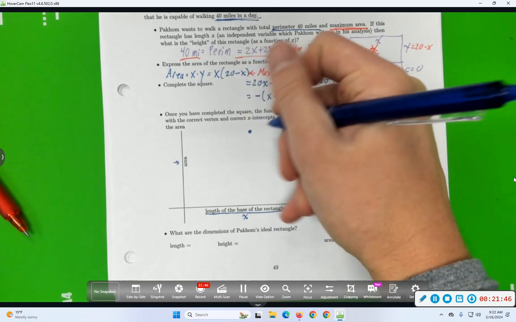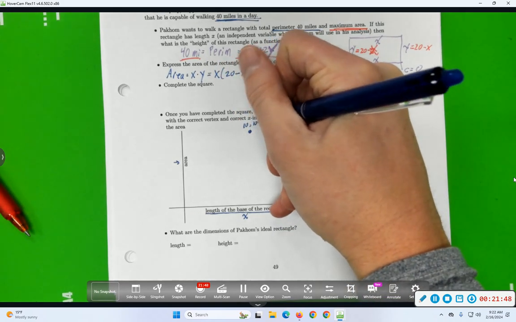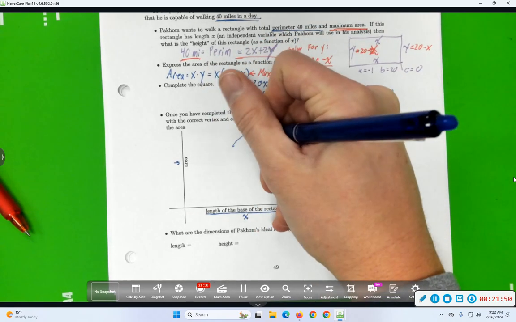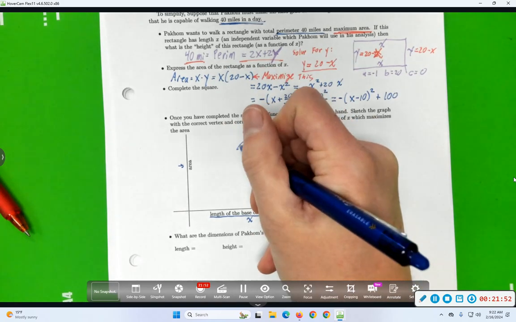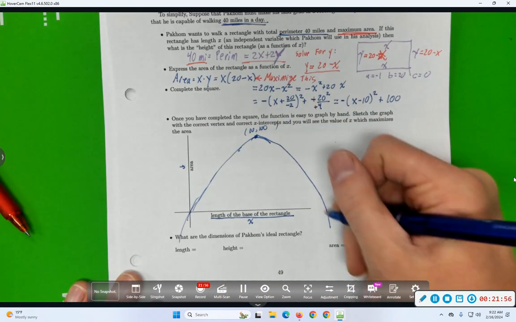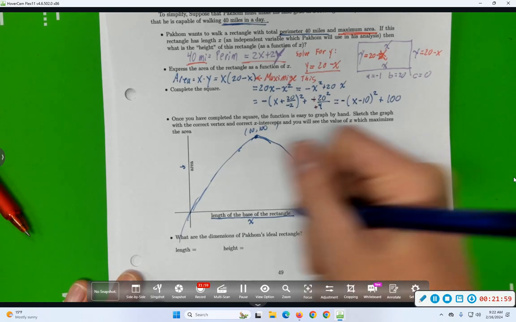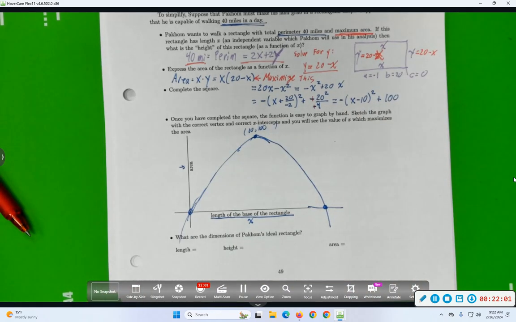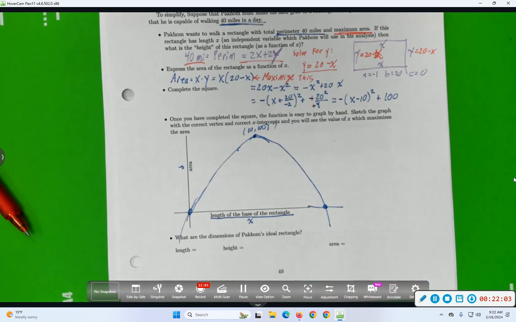We see this point up here at 10, 100, and then it's a downward opening parabola. And I won't check the intercepts, but one of the intercepts will be at 0, 0. And it'll be over there at something else. Cool. So, now let's look at that graph. What is the maximum value this area function takes?